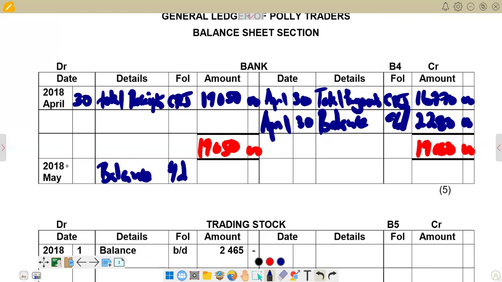Here we are in April, then our end of period was April 30. So the beginning of the next period is May 1. So we put the same amount as we are having here. This same amount will come here. That's a start. Then we get your 2,280 here. So this is what we have in terms of the bank account.